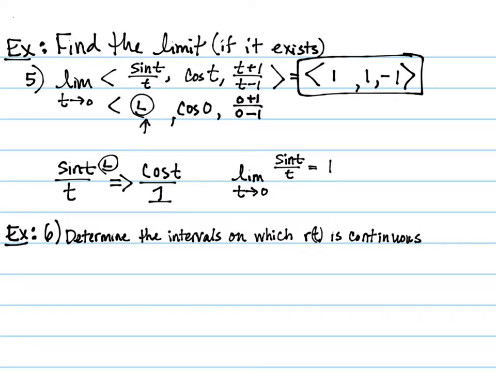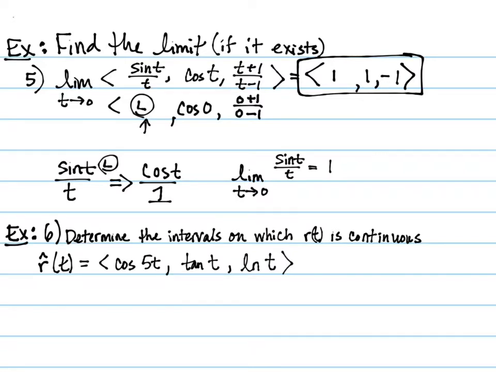And the R of t that we're going to look at is a little more interesting than many of them we had seen earlier. We have cosine of 5t, and we have tangent of t, and we have the natural log of t.